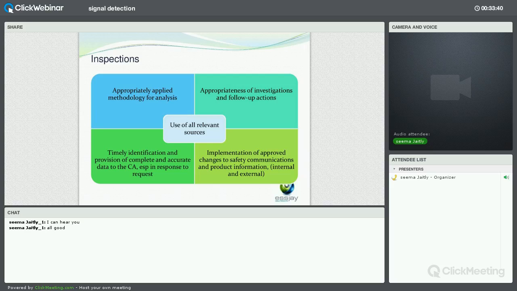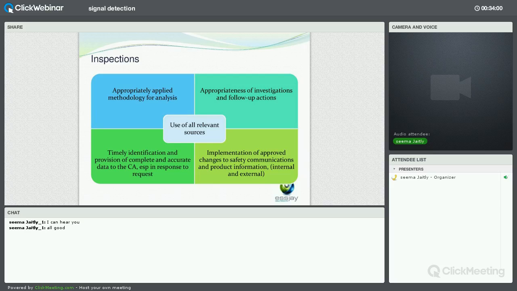And it really is that end-to-end process of your alert right through to updating your label. And there are deficiencies in timeframes and process as well, but a lot of it is timeframes where things don't end up getting into the label, your SPC, or other labels within an appropriate time frame.